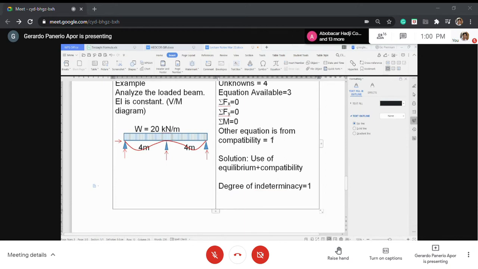Okay, 1 equation from compatibility, 1 degree of indeterminacy. So meaning, the method that we are going to use here, the approach, we use the term method of solution. Let's start with consistent deformation.